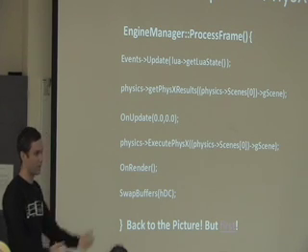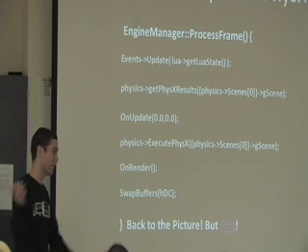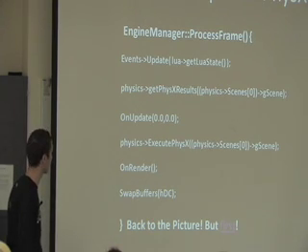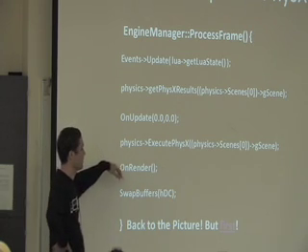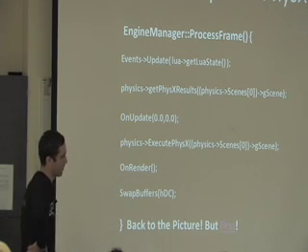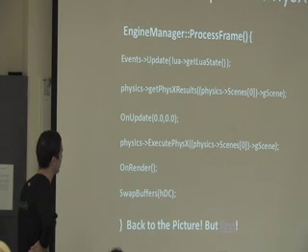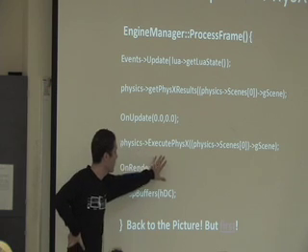So, that's the whole advantage of having parallel processing. It allows you to do some of this. And you can add other things in here too, like sound and other things that are independent of each other. And so we tell it to execute the physics.